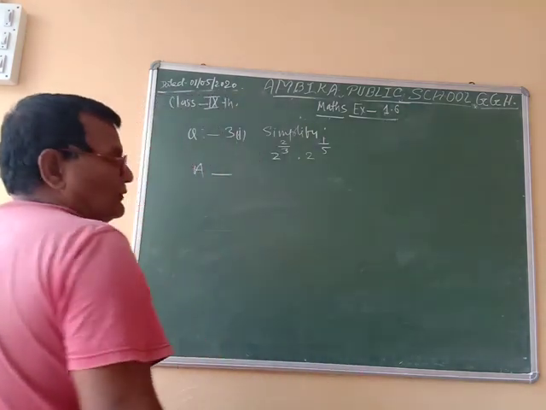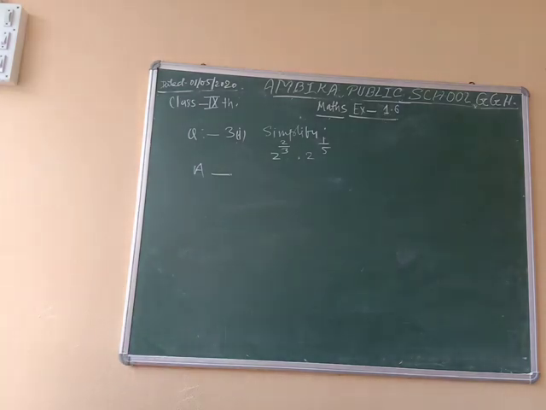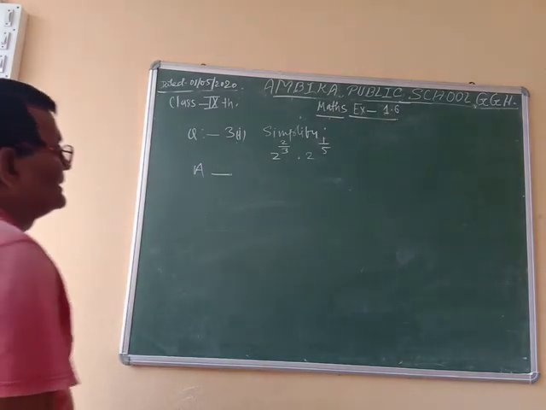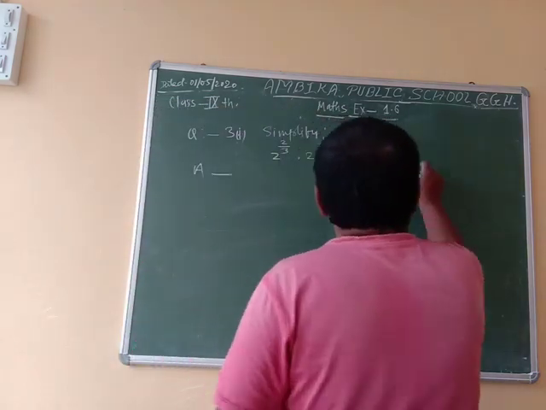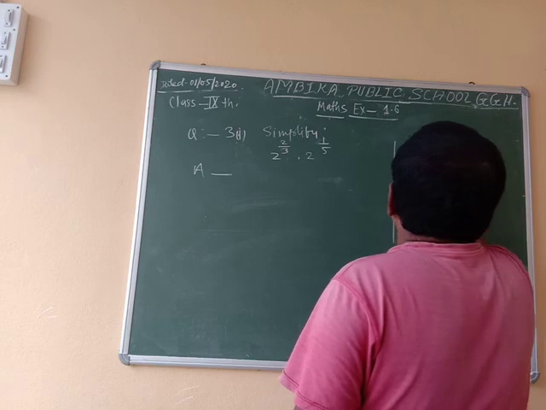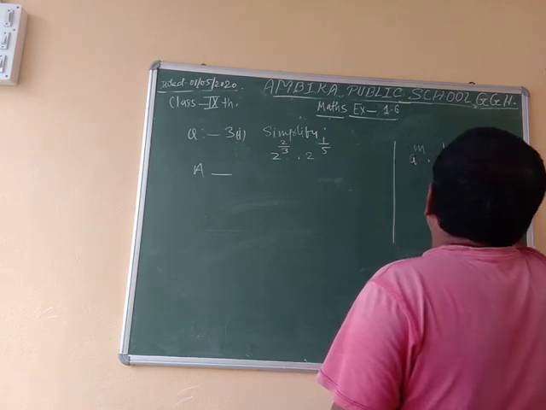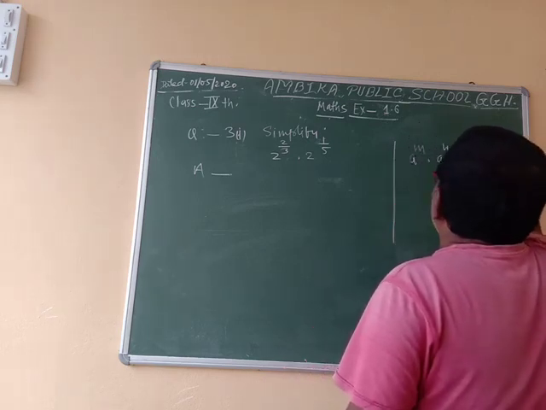We know the rules of exponent. A to the power m into a to the power n is equal to a to the power m plus n.